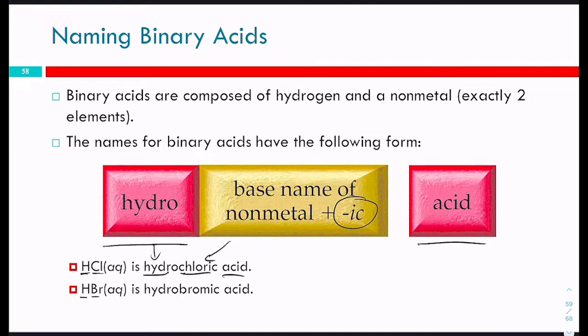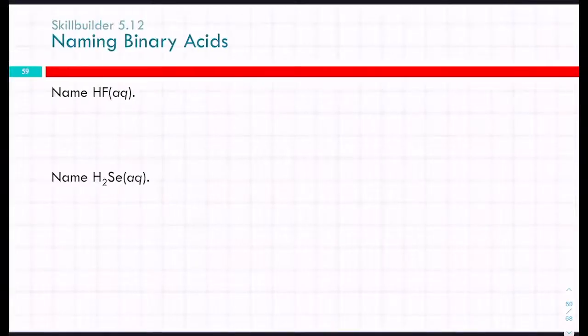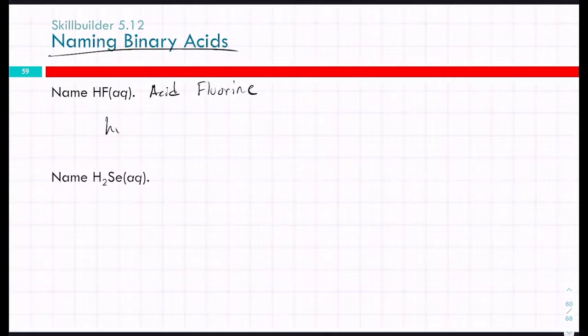Those are binary acids. A couple examples here. So HF, we have hydrogen as our first, so we know it's an acid, even though, of course, up here it says naming binary acids. It's an acid of fluorine. So first step is hydro, and then change the ending of fluorine to fluoric.